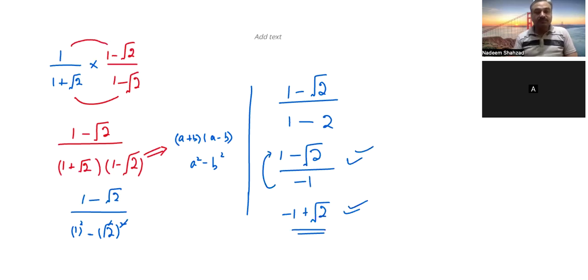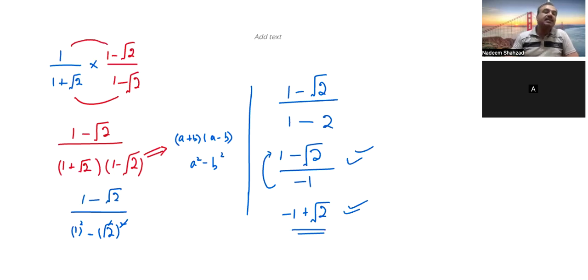Is that clear? Yeah. So whenever we have a denominator with more than 1 term, in addition or subtraction, we will take its sign, change its sign, and multiply and divide. Then simplify numerators with numerators and denominators with denominators, and we will get your required answer.